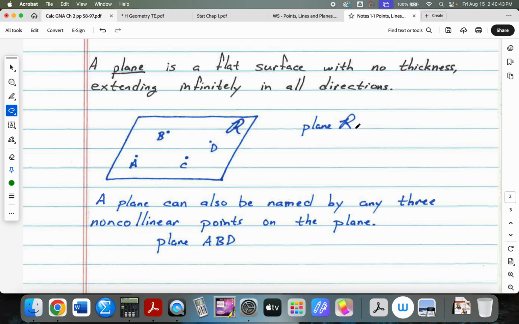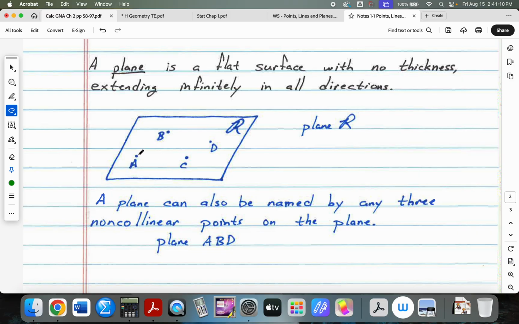When you're naming the plane, there are actually many different ways you can name a plane. One way is sometimes they'll have a capital script or italicized or cursive letter in one of the corners. That's the name of the plane. You can also name a plane by any three non-collinear points on the plane.